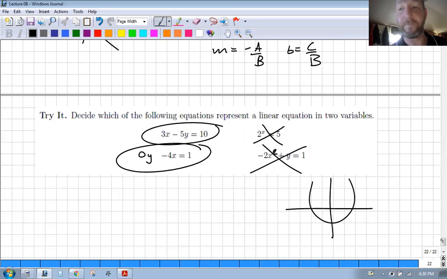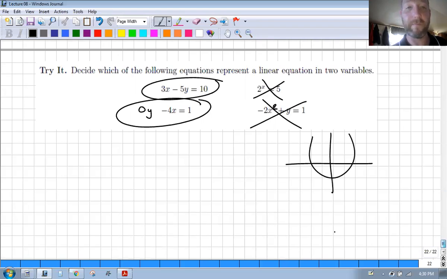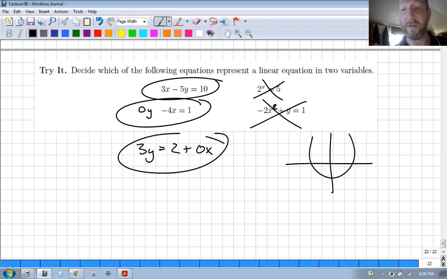So what if I had 3y equals 2? That's a linear equation because I could just say, oh, there's 0x here. So there are x's and y's. It's just the coefficient for the x is 0. So that one would work as well. Linear equations.